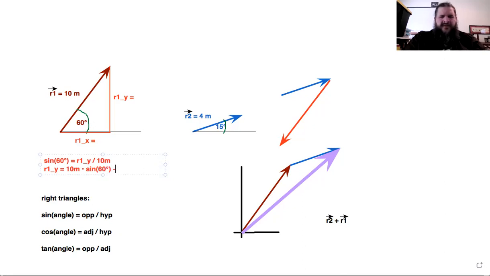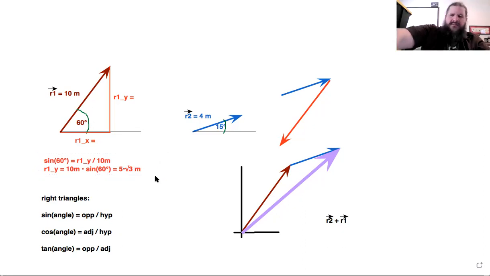And sine of 60, if I remember correctly, is just root 3 over 2. So we get 10 meters times root 3 over 2. The over 2 and the 10 reduce to just 5. So we get 5 times root 3 meters.